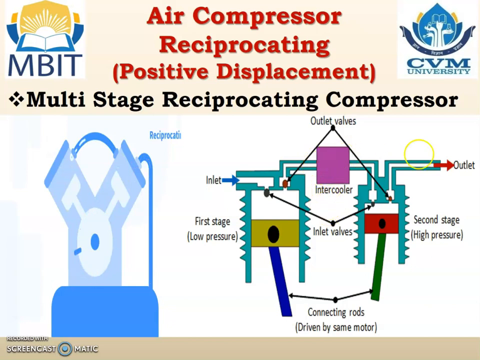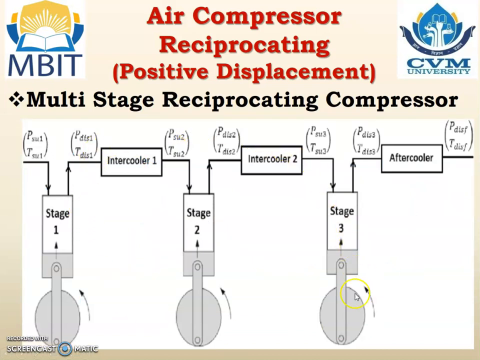So after passing through the intercooler, the pressure of the air remains the same, and low temperature air enters the second stage, is compressed in the second stage, and then it is taken to the storage tank.